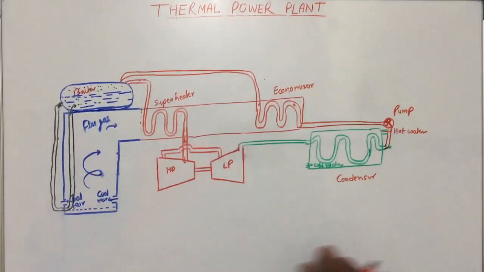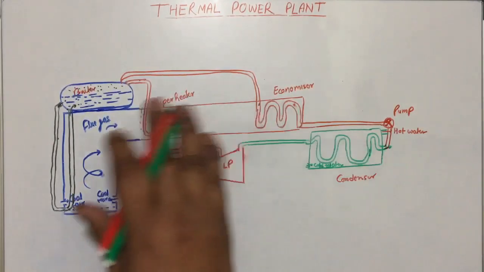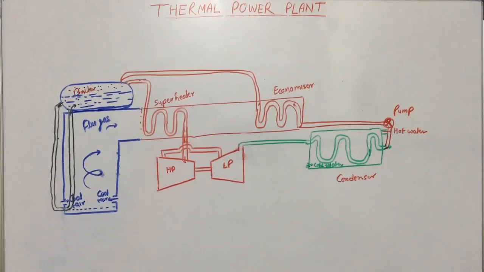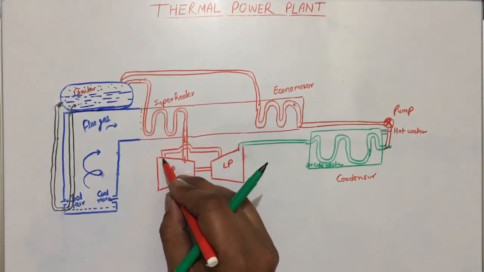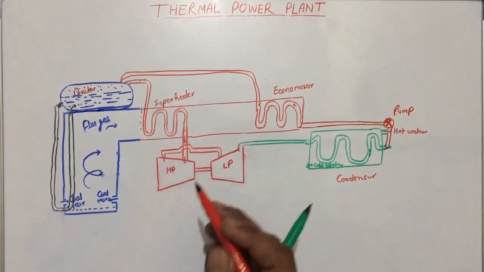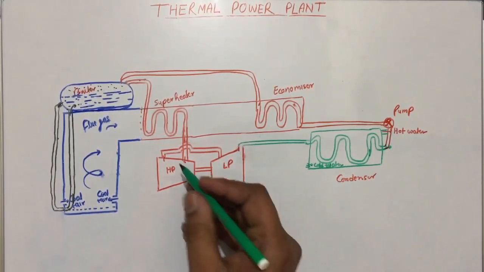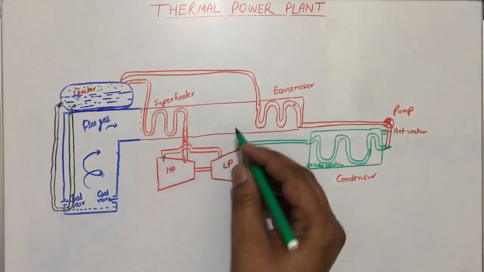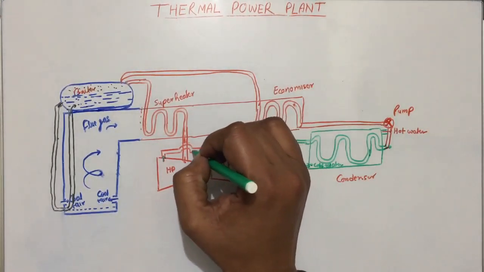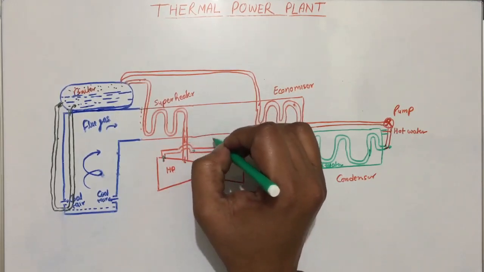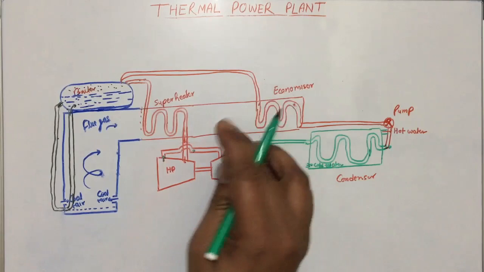Is there any possibility to increase the temperature, increase the efficiency of the system? If we think, then we can find, before feeding back this steam to the low pressure turbine, we can get the steam that is coming from here, further heat, and then it can be injected to the low pressure turbine.